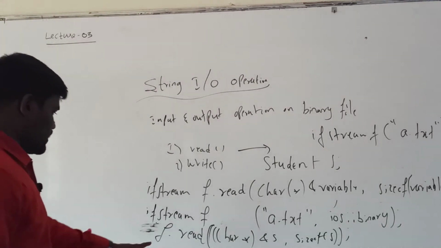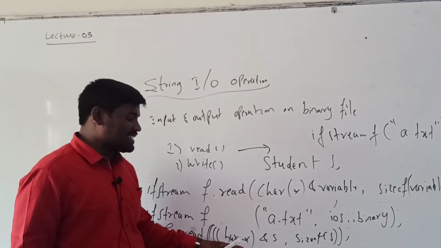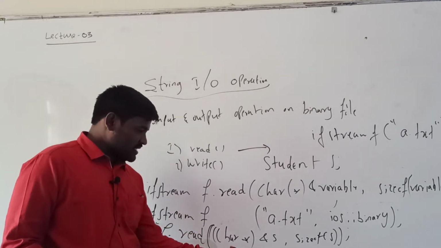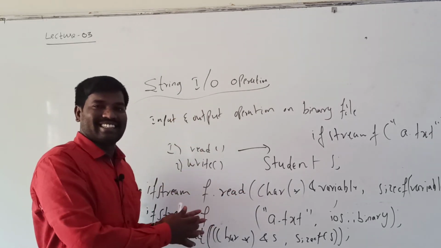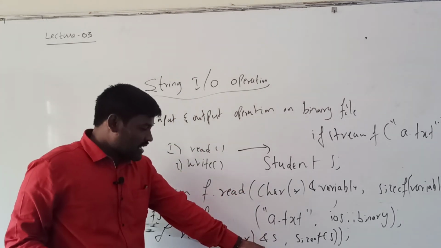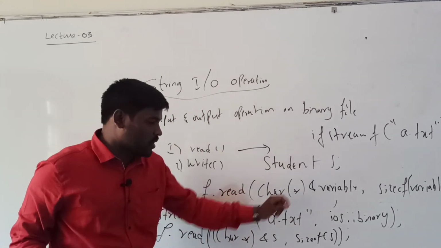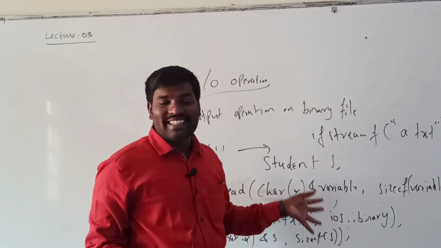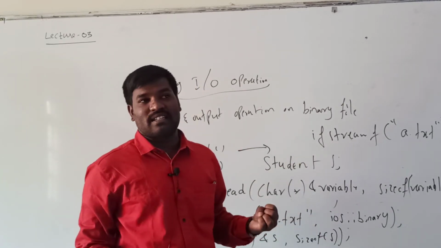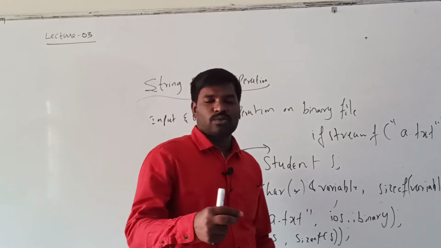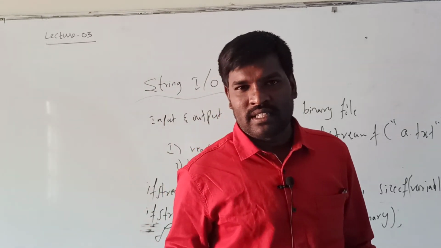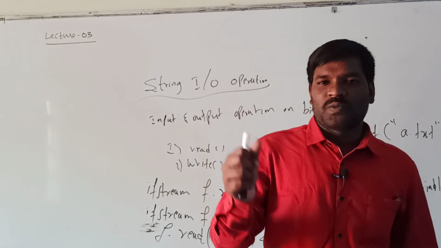Okay, so here f dot read in the bracket char star. Char star means it's a pointer variable. We have to get all the data into address of yes, the student object, and how much data it will accept, that is the size of yes object. For example, a student consists of two variables, that is int roll number and char name of 10.